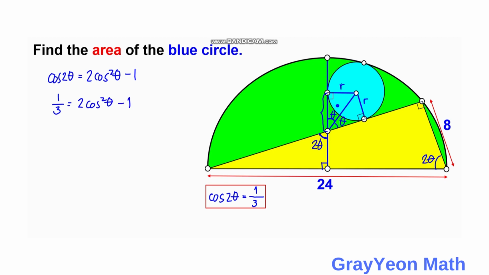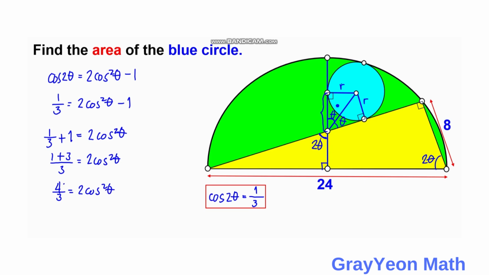So 1/3 plus 1 is equal to 2 cosine squared theta. This becomes 4/3, equal to 2 cosine squared theta.